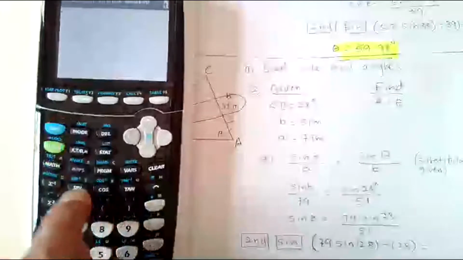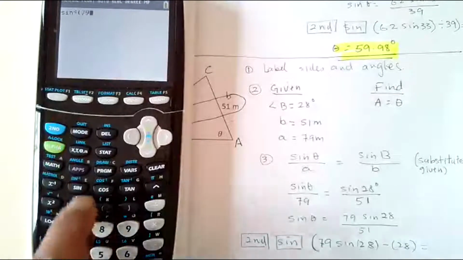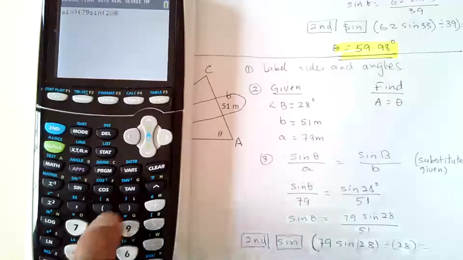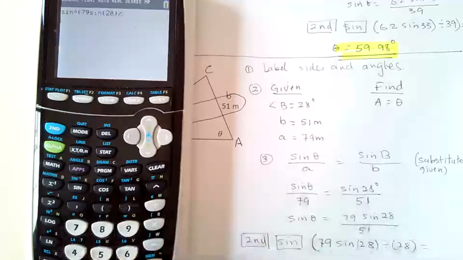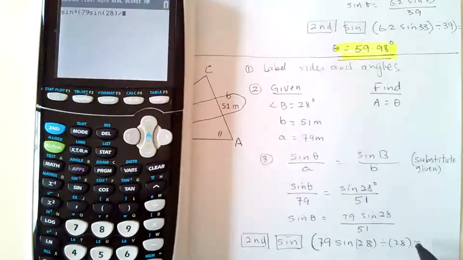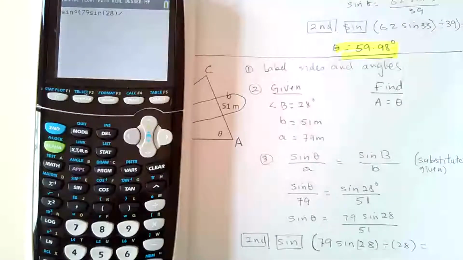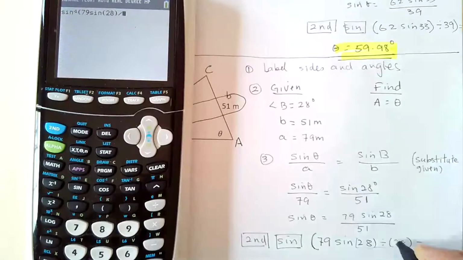So second sine 79 sine 28 close bracket divided by. Now notice this is wrong. So I inputted something incorrectly here, because if I put 28 here, I have a larger value here, which means it's incorrect. So my calculator gave me an error. So the calculator reminds me, this should be 51.